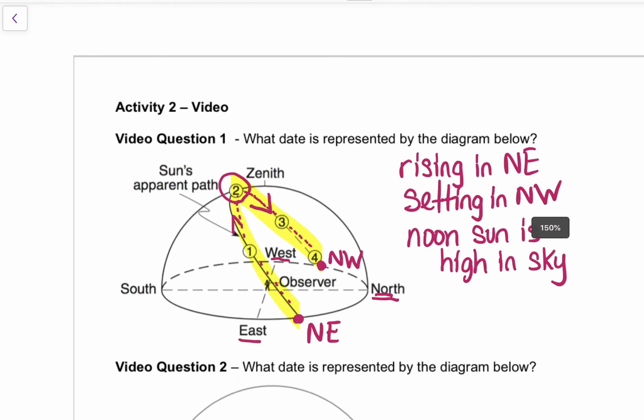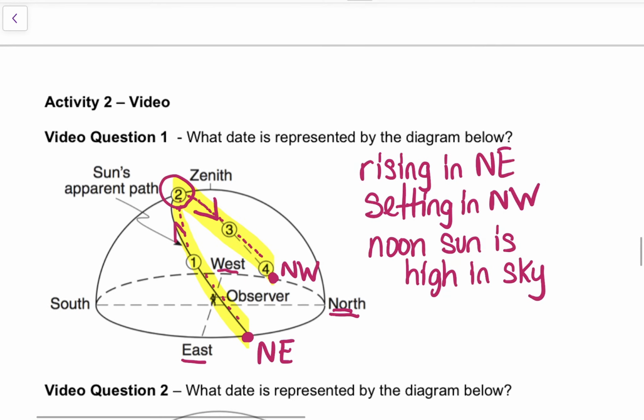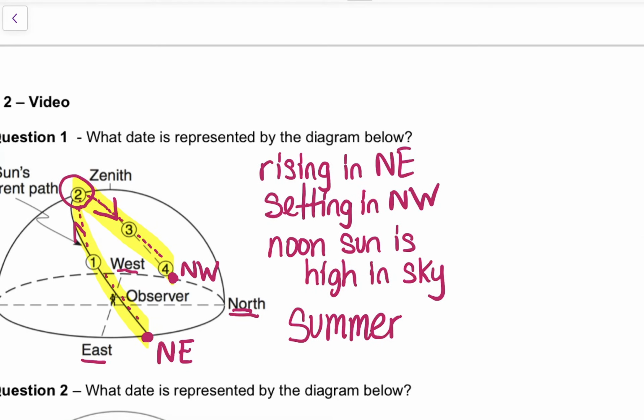If I put all of that evidence together, then I can look at this diagram and realize that this must be in summer, possibly on the summer solstice, which we know occurs on June 21st.